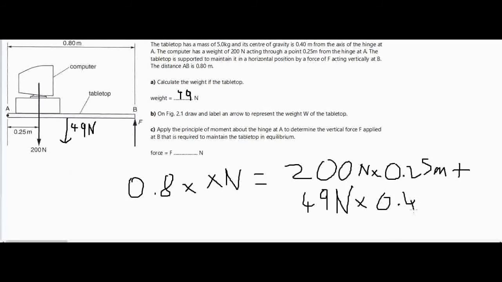So we can just go ahead and punch this into the calculator. 200 times 0.25 plus 49 times 0.4, and we get 0.8 times x newtons is equivalent to 69.6 newton meters.